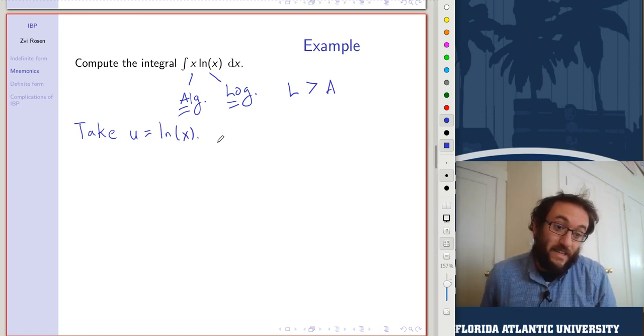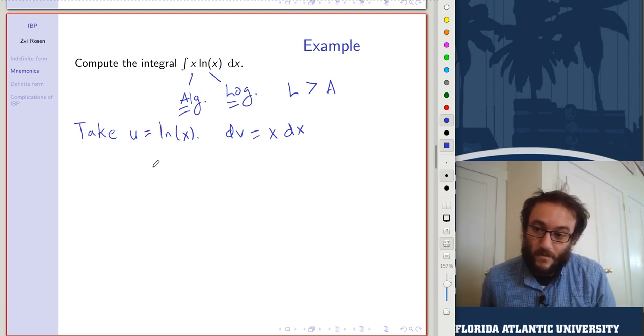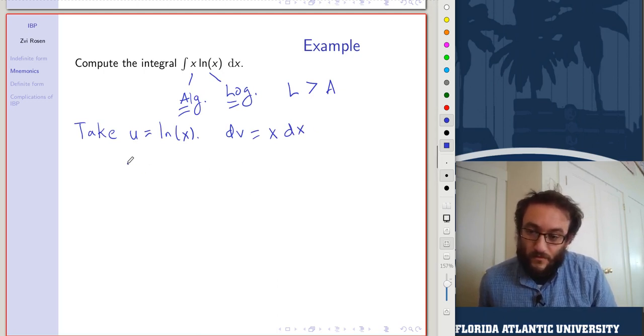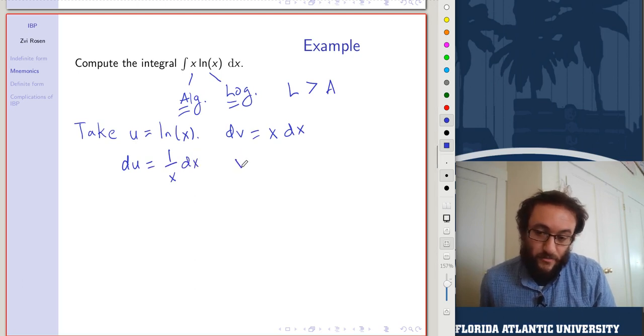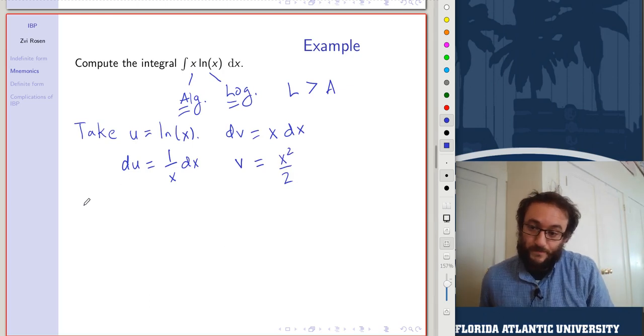Given that our u is ln of x, our dv is left as x dx. Now, taking the derivative, we find du is equal to 1 over x dx. And taking the antiderivative of dv, we get v equals x squared over 2.